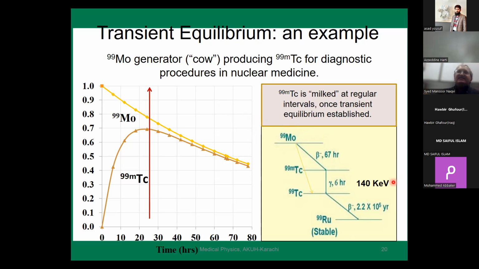In 67 hours it decays by beta negative emission, and then this technetium-99m emits gamma photons of 140 keV, which are used for imaging, and that decays to technetium-99, which has a half-life of about 200,000 years. And this is the statement about technetium, that it can be eluted at regular intervals once transient equilibrium is established.